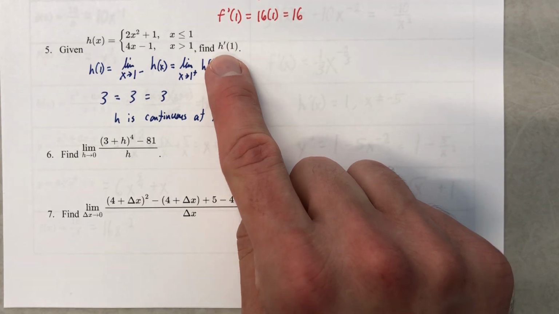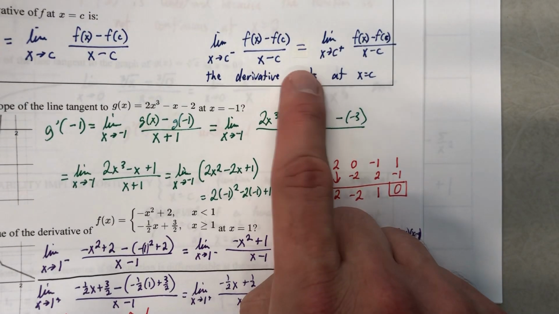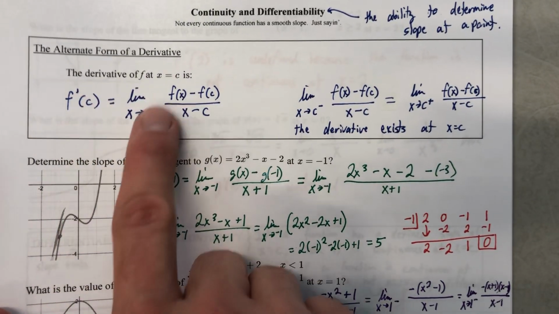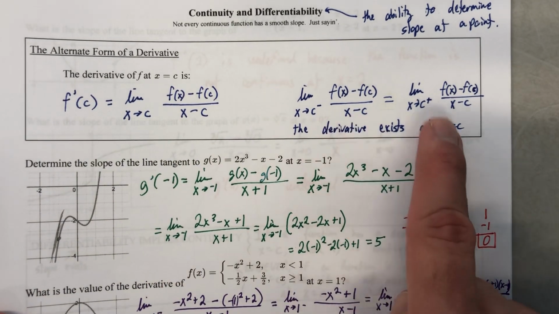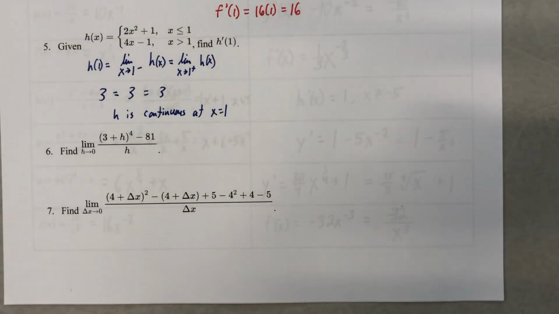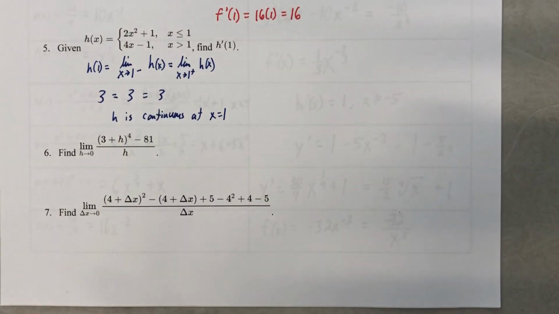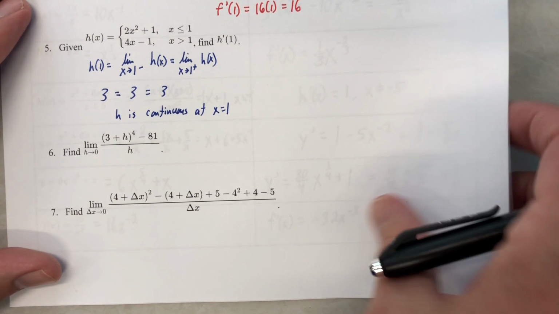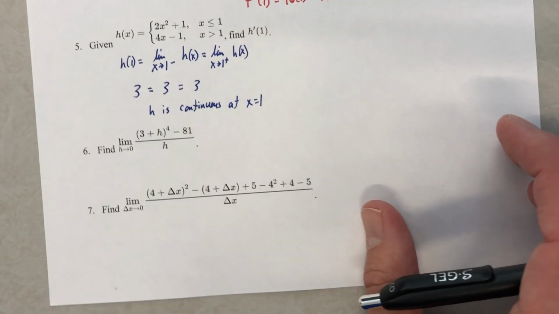If I wanted to find the slope at 1, I would do this. This should look familiar. The slope is this, but I'd have to make sure it works from the left and from the right. Well, so here's the deal. If I took the derivative of this function, and again, what I'm showing you right now is fantastic and wonderful, but not valid explanation enough to get points on a free response question.